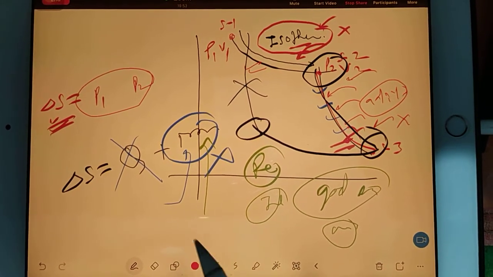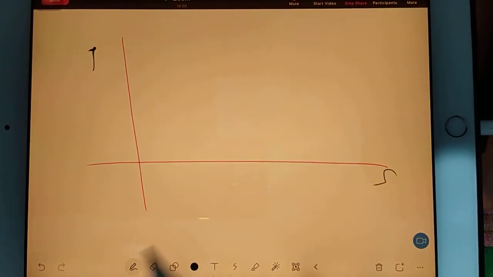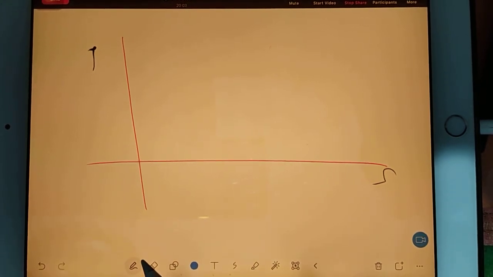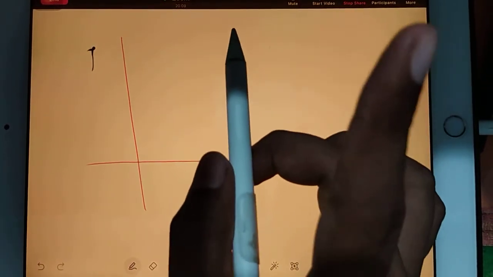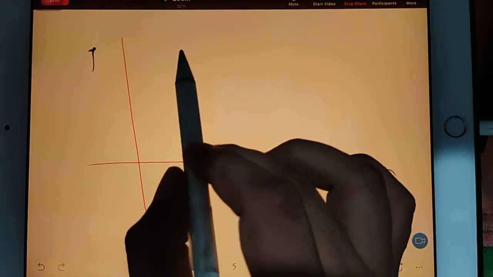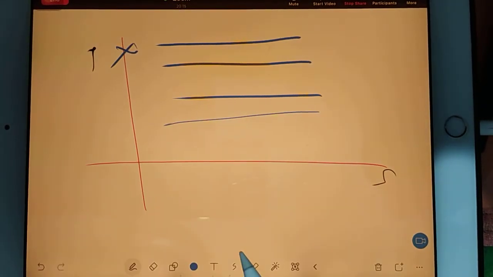Okay, so if I draw the TS diagram, first draw isothermal compression. Isothermal compression means your volume is decreasing. And isothermal lines are these lines, correct? Because your temperature should be constant.